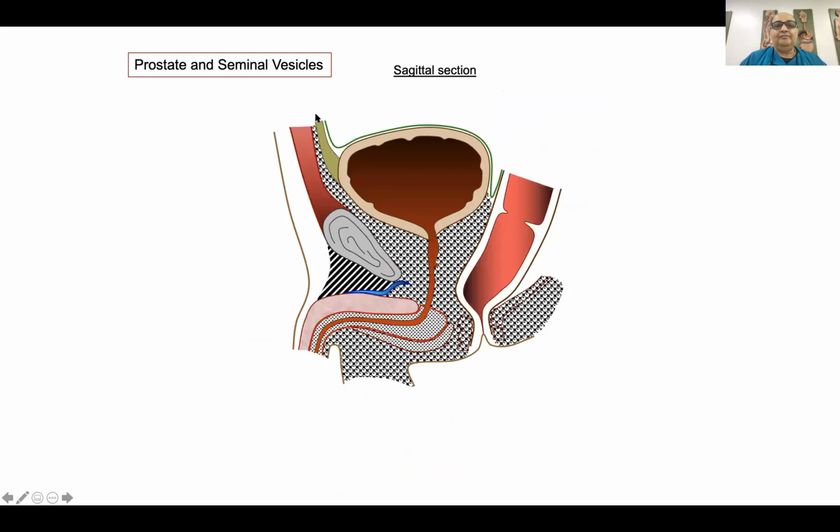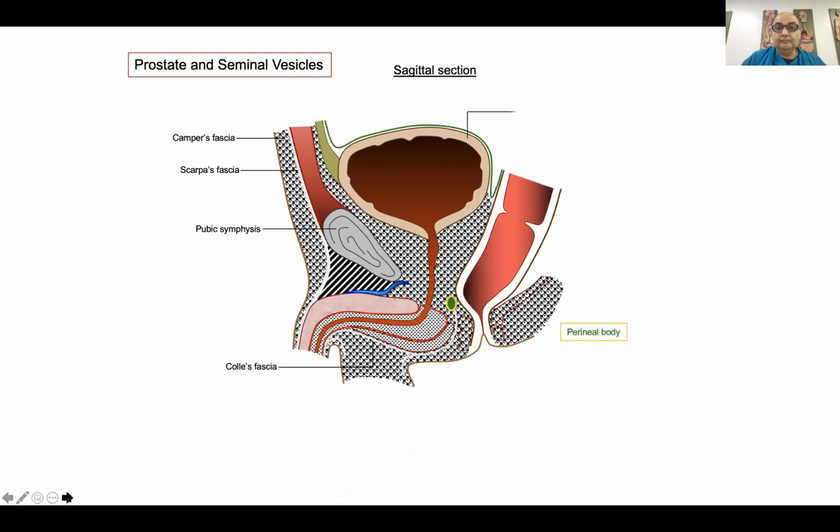So guys, this section we have covered. It's a sagittal section. Quick recap. We are good with these. We're not bothered with these fascias at the moment. We know about the internal sphincter, this orifice, this trigone.